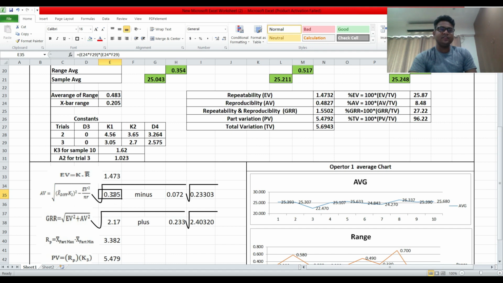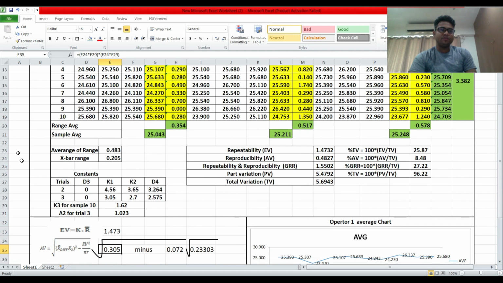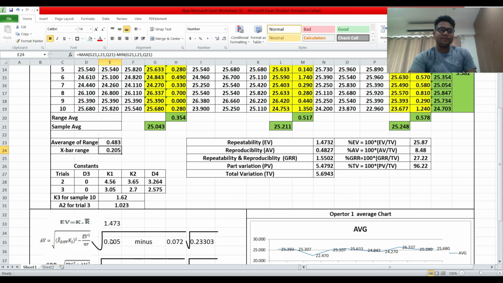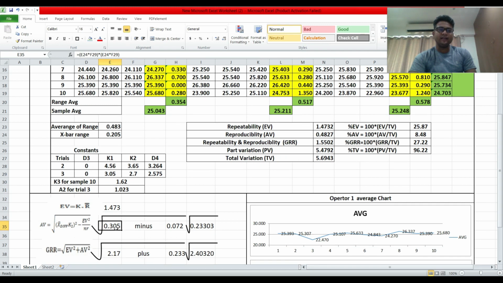So X diff, the value is E24 into F29. E24 is the X diff, meaning X bar range, 0.204, and the K2 value for trial 3 is 2.7, meaning F29. So you have to square it, so I have multiplied it twice for the square.